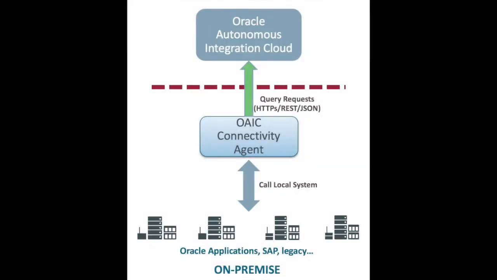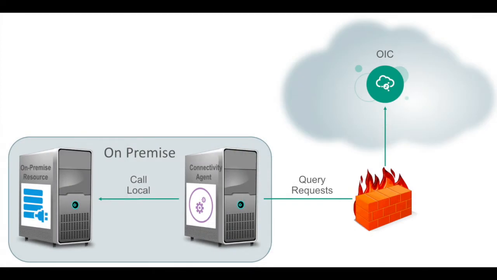Taking one quick step back, I just want to discuss the concept of a connectivity agent. It is used to simplify connectivity to systems, typically on-prem systems. For example, in our case, we're using an agent to connect to this database. It is a configuration that you install on the server of the system and acts as a middleman between OIC and the system.